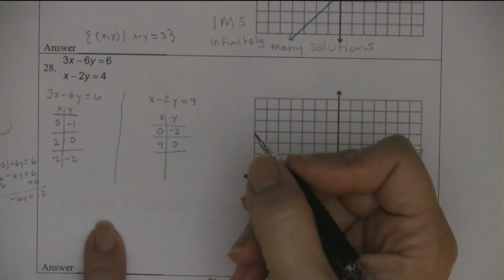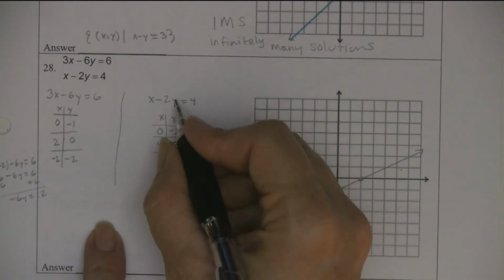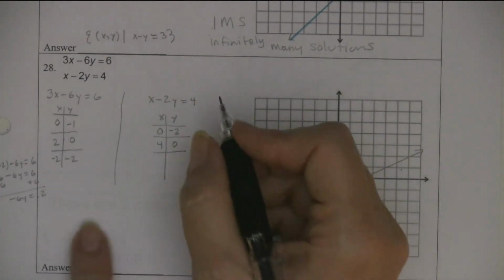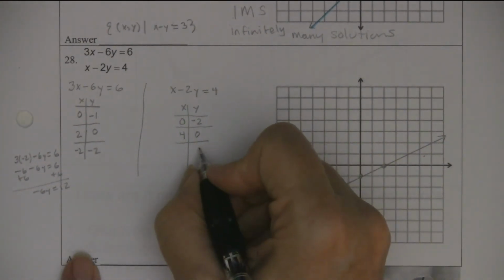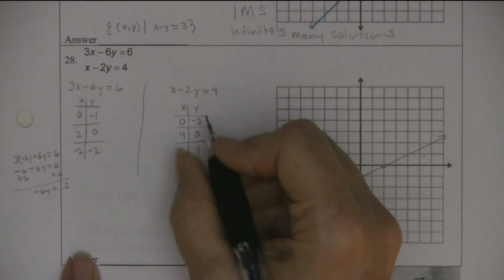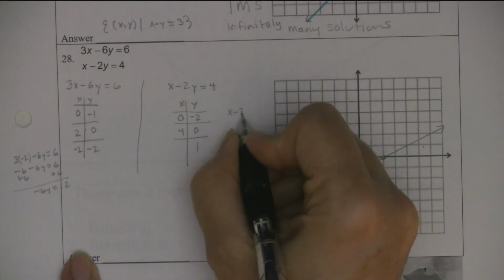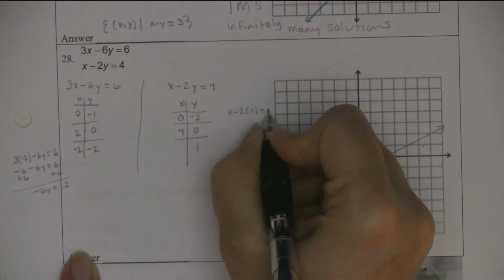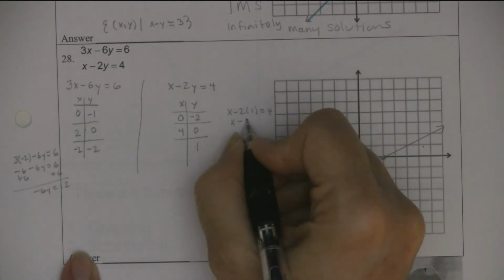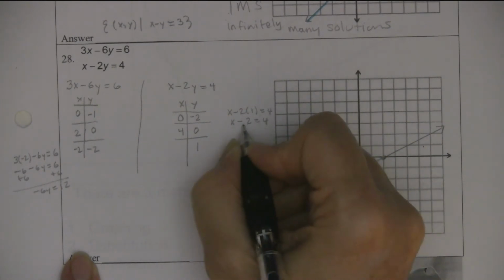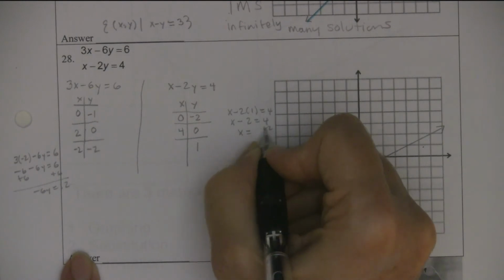So I'm going to pick one more point. I'm thinking about picking a y value, because then x will be a whole number for sure. So maybe I'll pick y as 1. And so this is going to give me x minus 2 times 1 equals 4. X minus 2 equals 4. So when I add 2 to both sides, I get x equals 6.